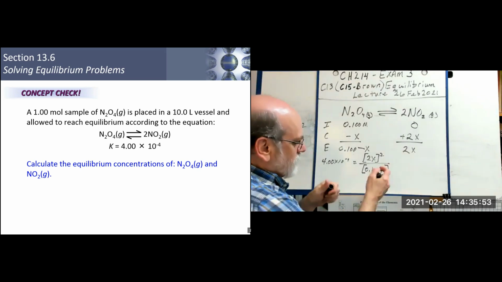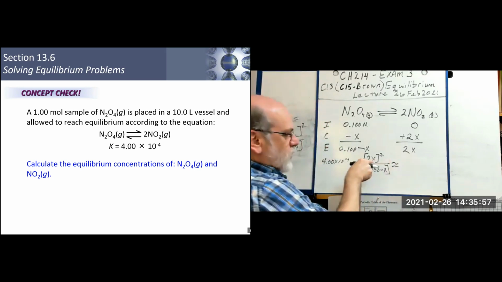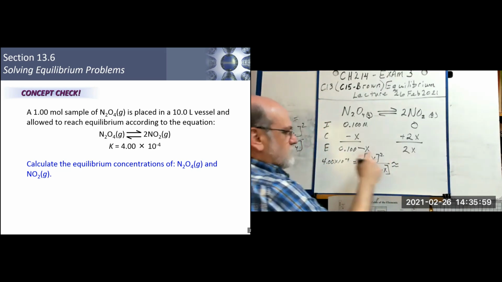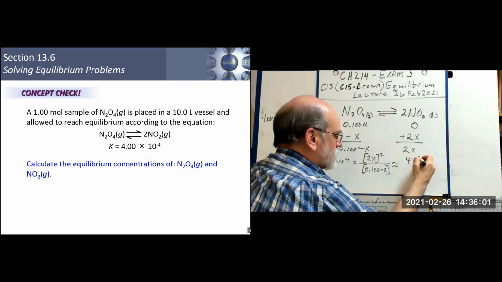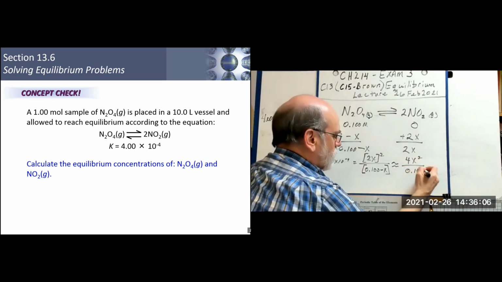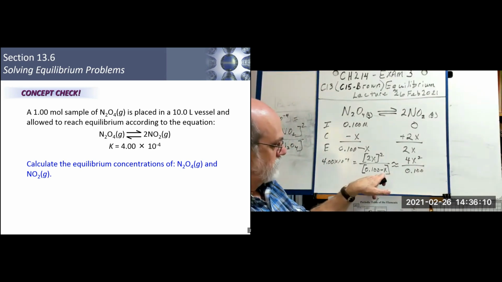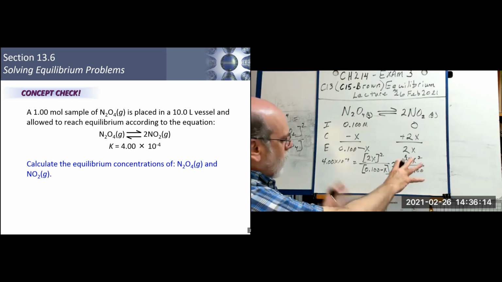So let's say this is approximately equal to, go ahead and square this one, 4x squared divided by 0.1. Okay, see what I did? I eliminated that x. So now we solve.